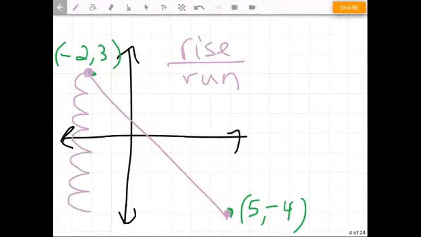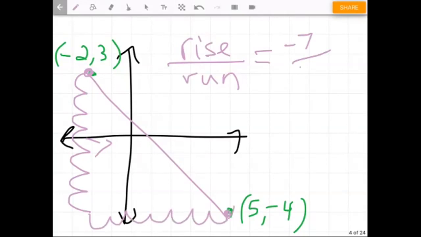Since we're going down, that's negative, because up is positive and down is negative. So our rise is down 7, or -7. And our run, we're going to the right, so that's positive: 1, 2, 3, 4, 5, 6, 7. So right 7 is +7. Again, -7 over 7 reduces to -1. So the slope of that line is -1, or you could put it as -1 over 1.